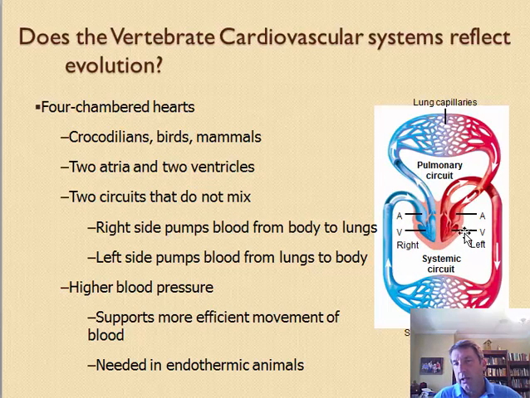So if you look right here where I'm pointing with the arrow, I'm about to flip the slide, and you can see the only difference between ours and the amphibians is the merging of the ventricles.